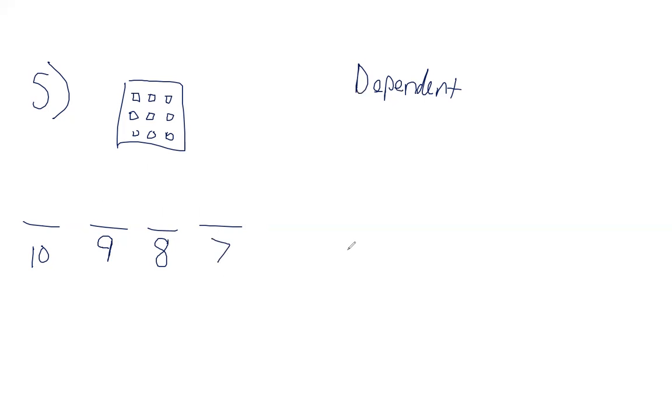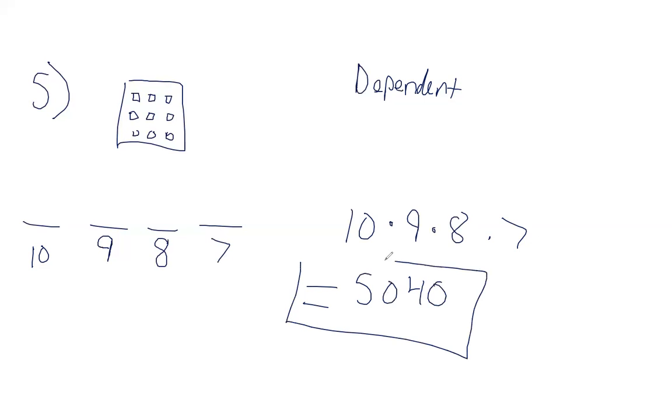So to figure out how many total combinations I can make, I just multiply 10 times 9 times 8 times 7, and I get my answer. So plug that in, 10 times 9 times 8 times 7, and you get 5,040 different combinations that you could make for your ATM PIN. That's problem 5.